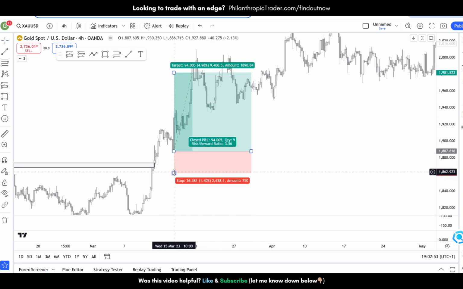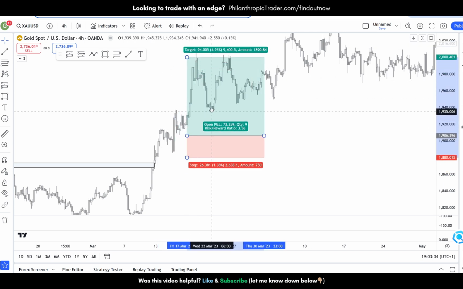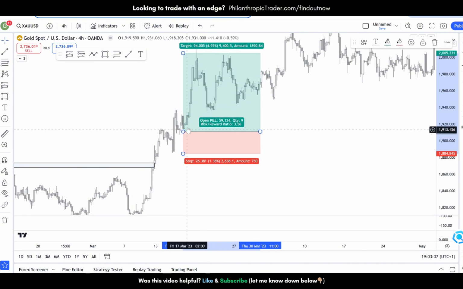What you do is that, let's say, for example, you took the trade over here, the price goes to the upside, and you just trail your stop loss.